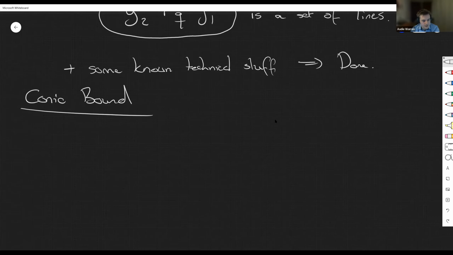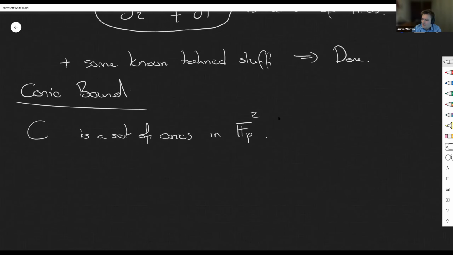And let's call this set a capital C. So C is a set of conics in FP2. Here, we will actually only use one fact, and again, it's very simple. You can prove it really easily. I'll write it down here as, I suppose, a lemma.